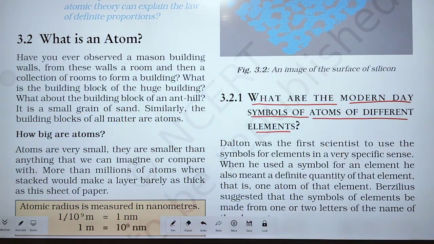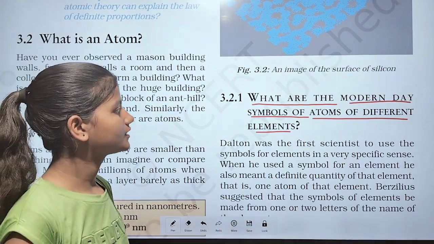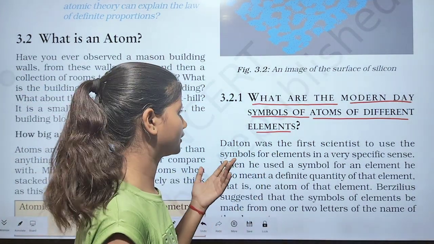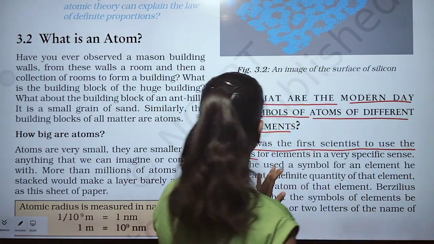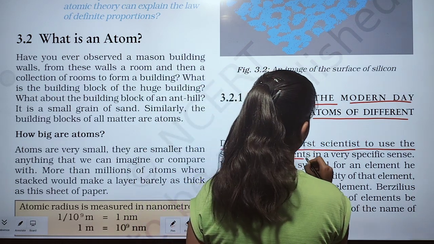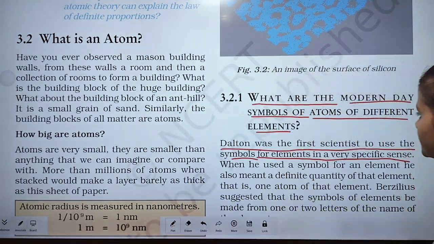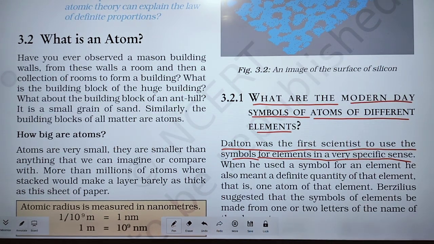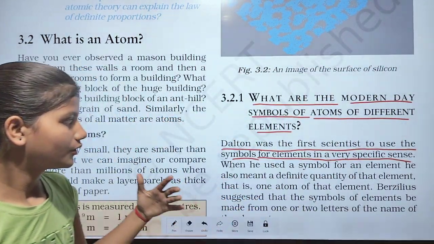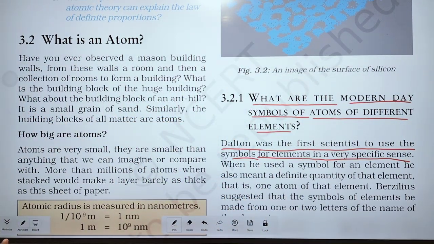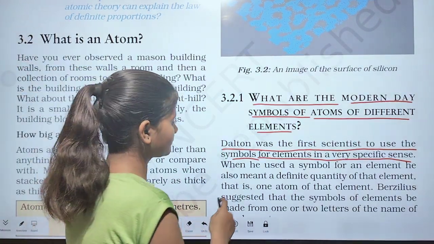Dalton was the first scientist to use symbols for elements in a very specific sense.